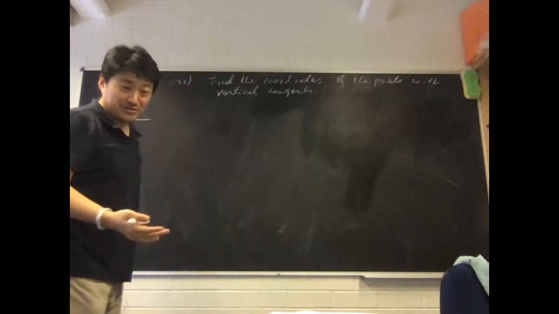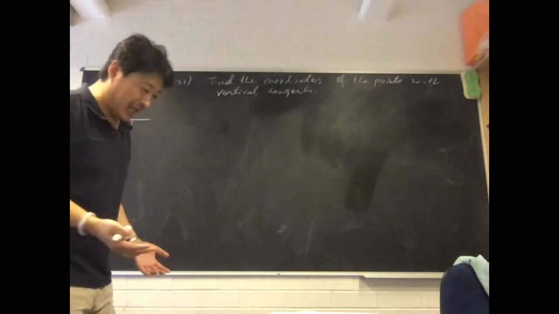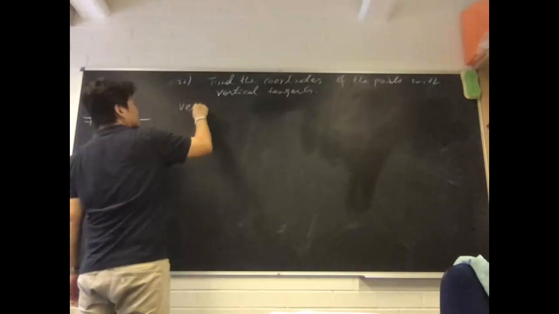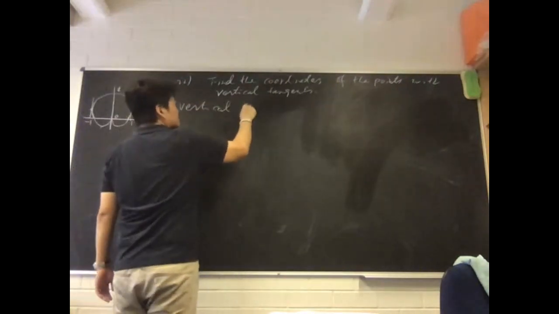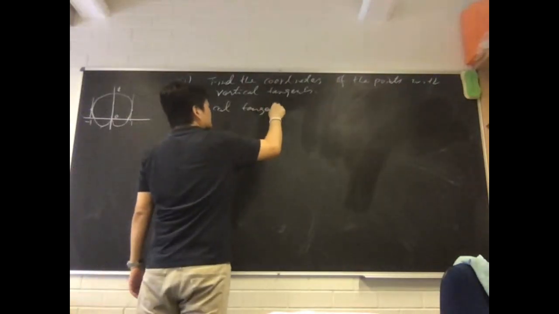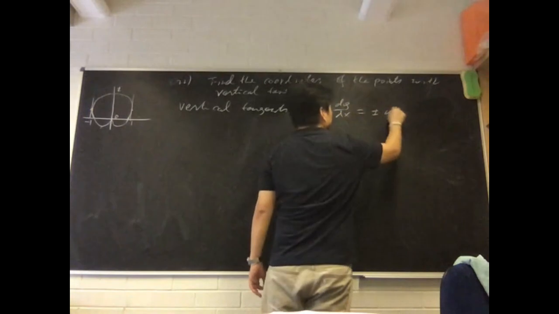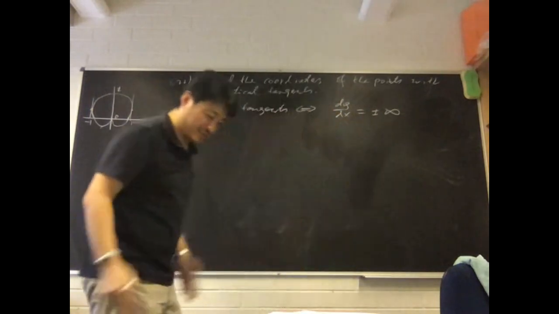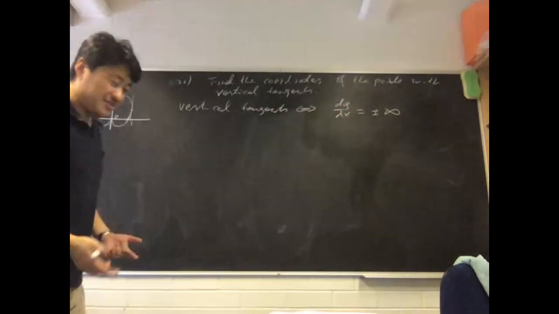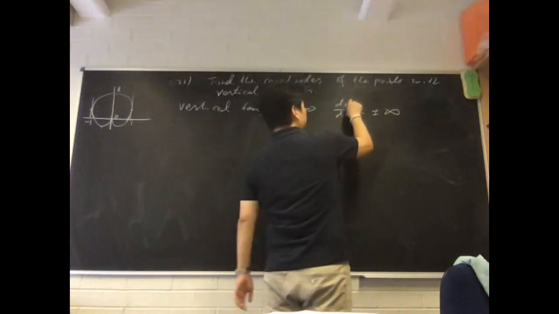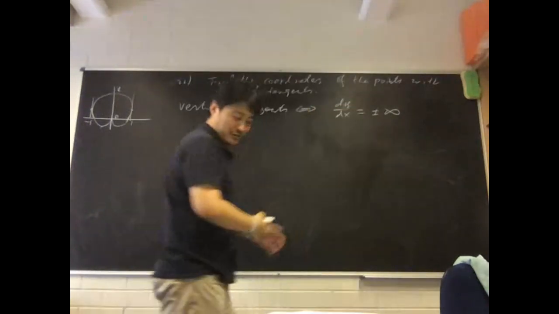And so to compute the slope of the tangent line, you need to differentiate. So vertical tangents, that's basically the same as saying dy/dx is plus or minus infinity, right? Well, if dy/dx is equal to plus or minus infinity, then we better figure out where those things are.